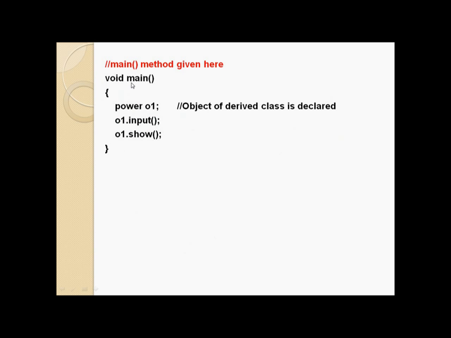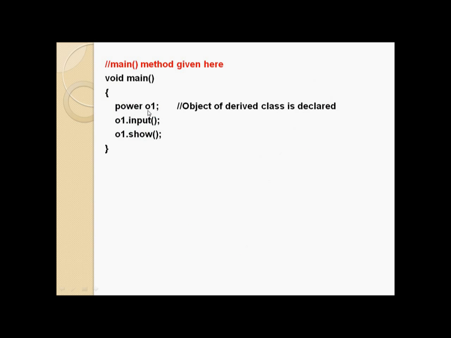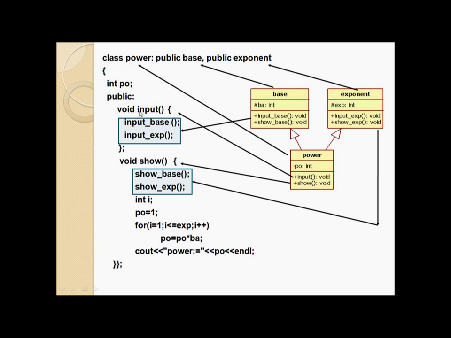And then here is the main function. In the main function you can see that the name of the child class is power, so we are simply declaring an object o1 of the power class, and using this object we are accessing the methods input and show.